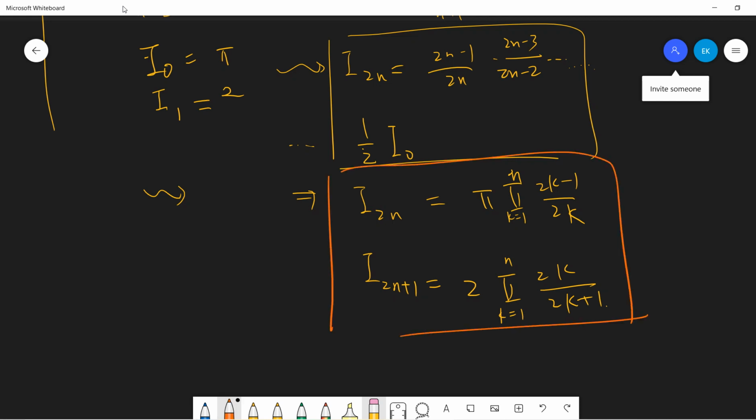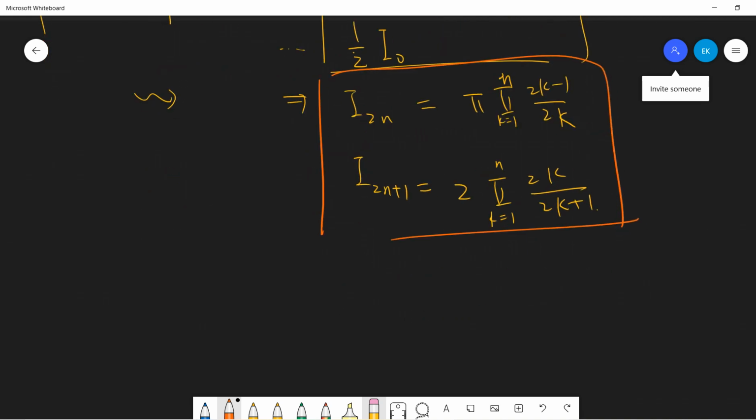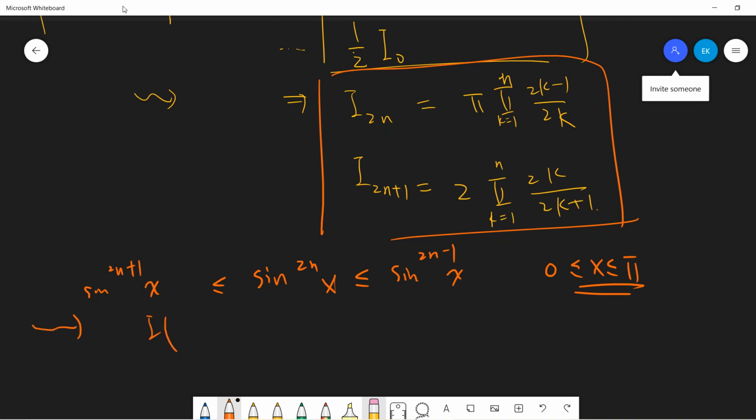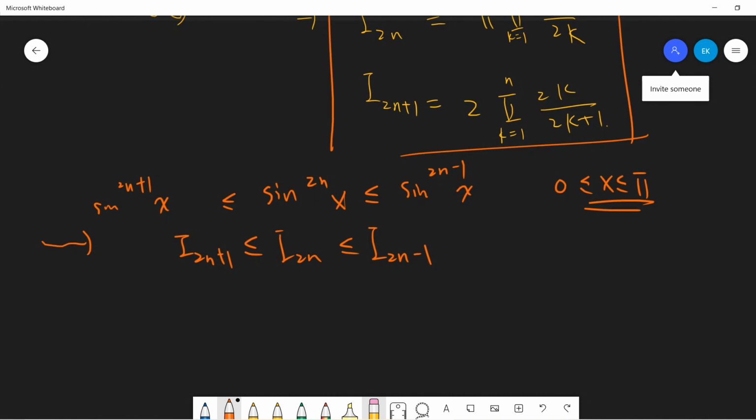Now one can use the so-called squeeze theorem. Remember that sine to the 2n of x is less than or equal to sine to the 2n minus 1 of x, and greater than or equal to sine to the 2n plus 1 of x, when x is in 0 to pi, so that sine is positive. This tells you that I_(2n+1) is less than or equal to I_(2n), which is less than or equal to I_(2n-1). Once you have this, everything will be easy.